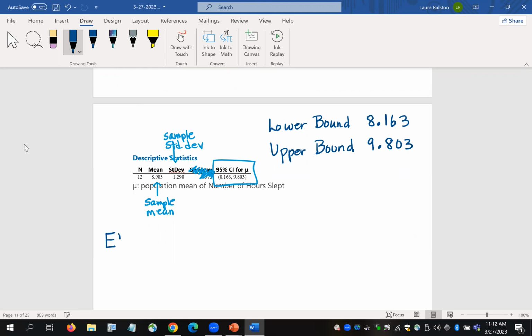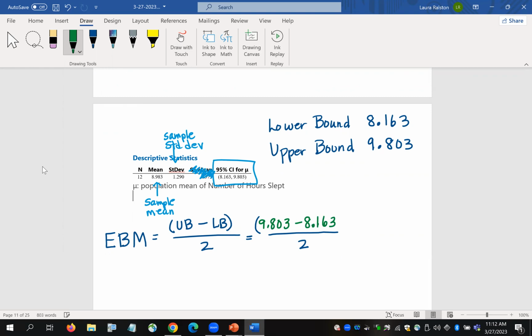And then usually the next question is, what is your error bound for the population mean, which is a hand calculation. It is your upper bound minus the lower bound divided by 2. Again, that is a calculation that you have to do for yourself. It's plugging and chugging. So I would have (9.803 minus 8.163).